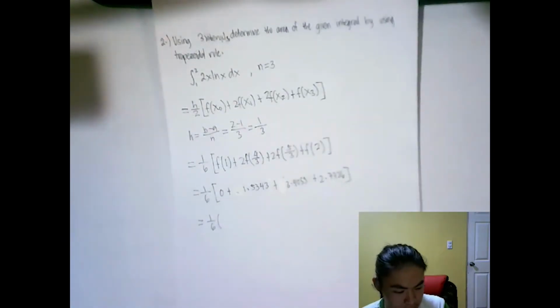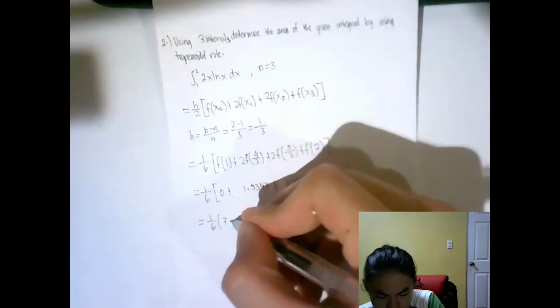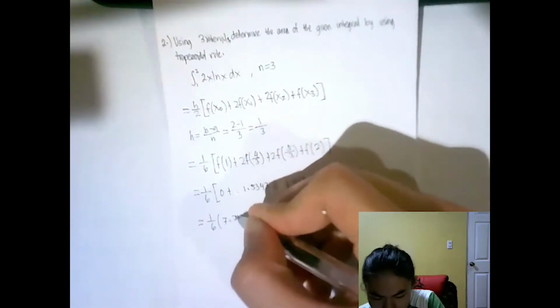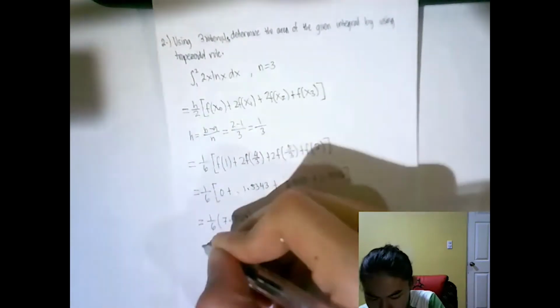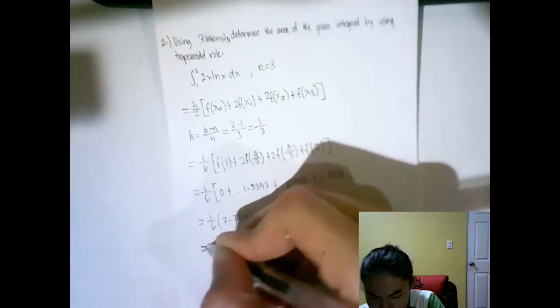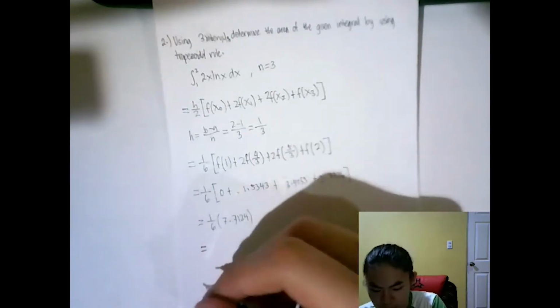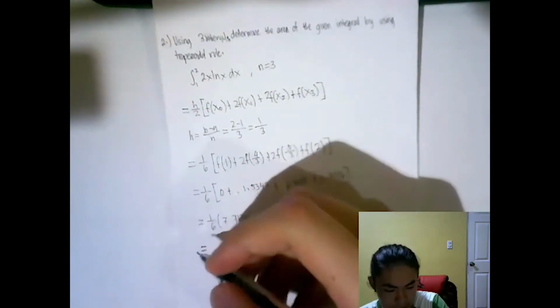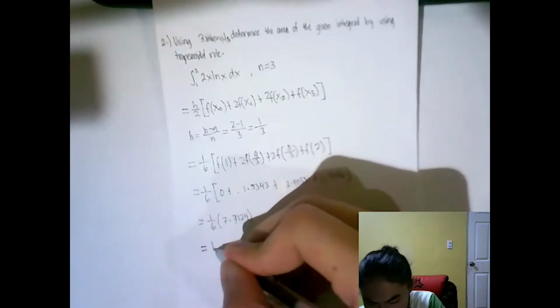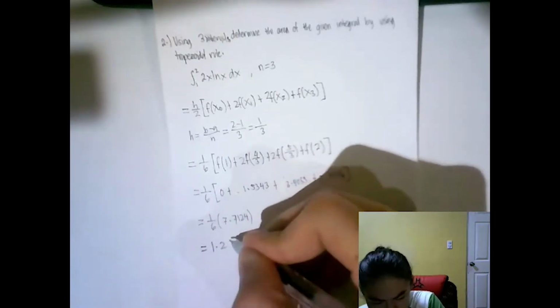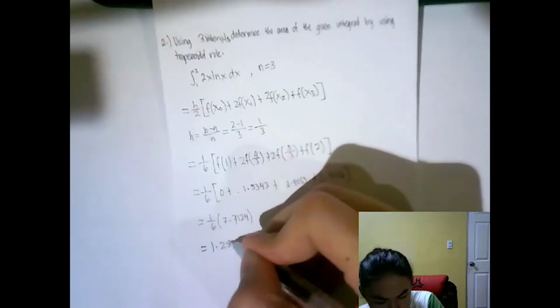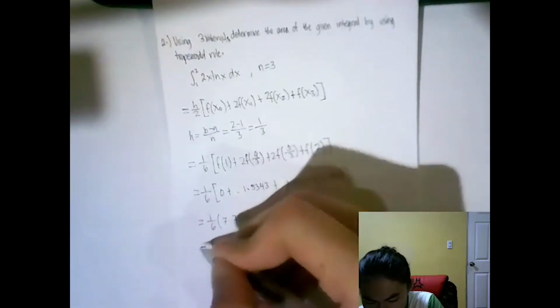So, now, adding all of these values, we will get 7.7124. Now, ang last part na is to multiply 1 over 6 to 7.7124 to get the area na hinahanap sa ating problem. So, we have 1.2854.